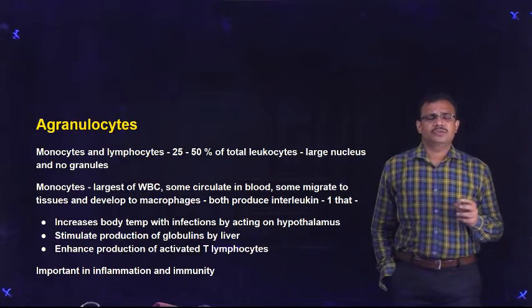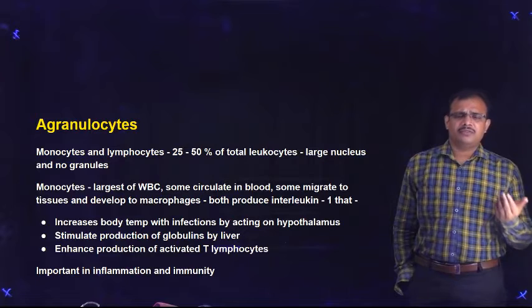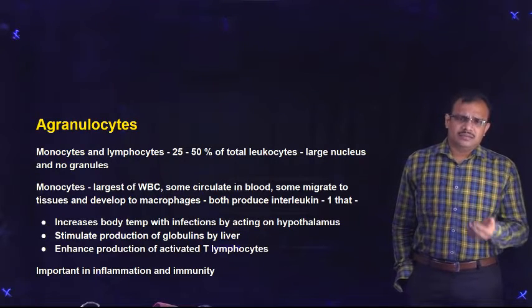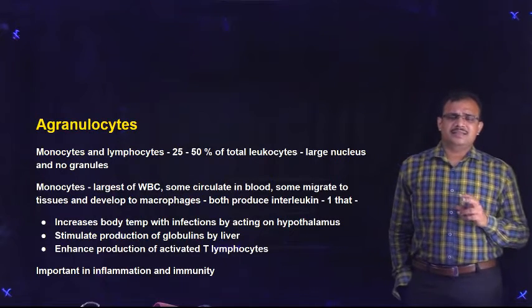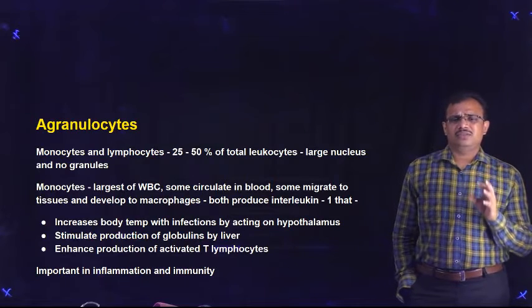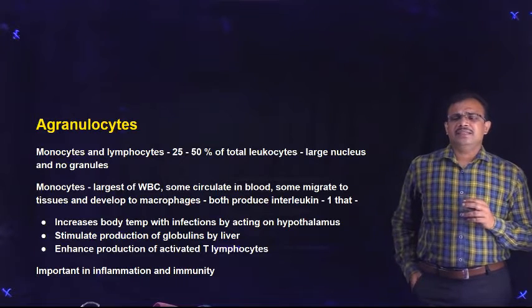The total leukocytes itself constitute only 1% of the total blood cells, and of these, 25 to 50% are agranulocytes. These cells have a single large round nucleus, and they do not have any granules in their cytoplasm.